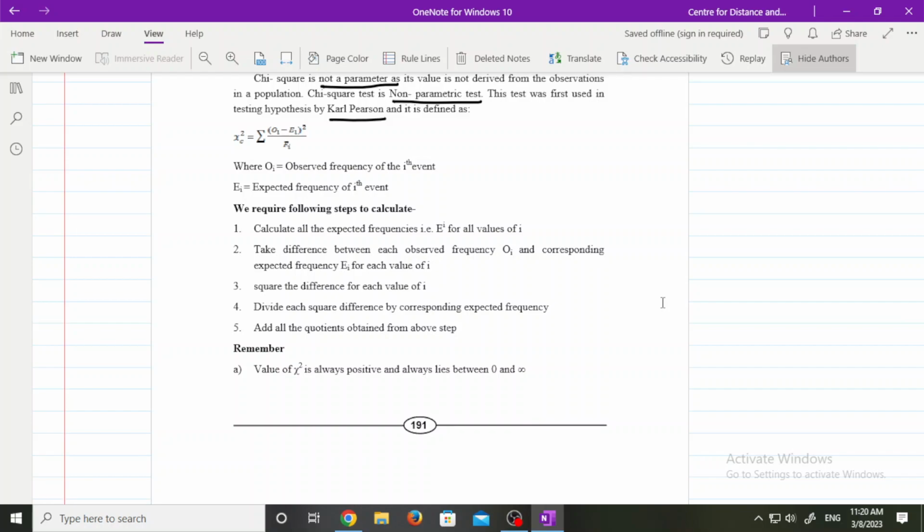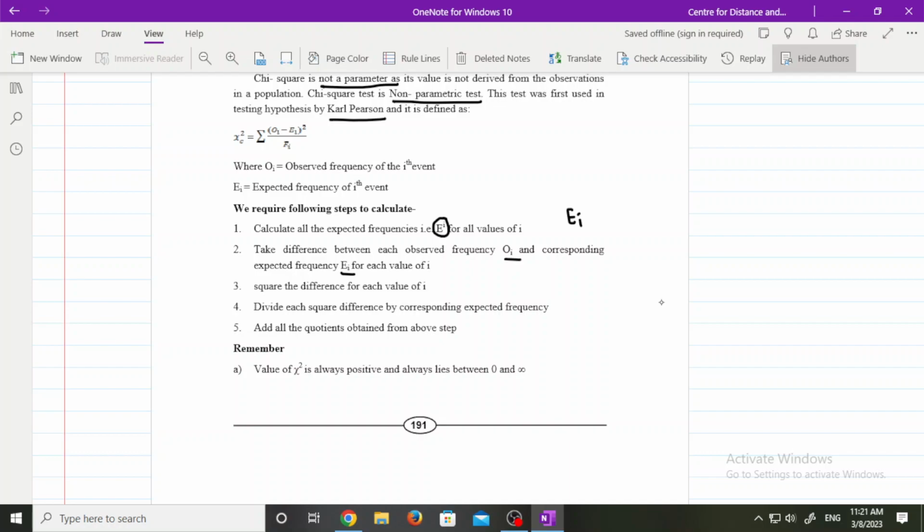First, we have to calculate all the expected frequencies, that is EI, for all values of I. Then we take the difference between each observed frequency OI and the corresponding expected frequency EI, then square the difference for each value of I. Then divide each squared difference by the corresponding expected frequency, and last, add all the quotients obtained from the above step.